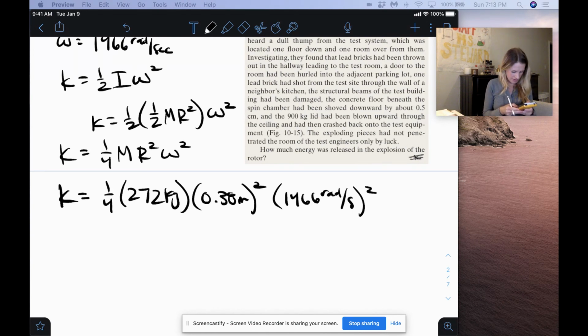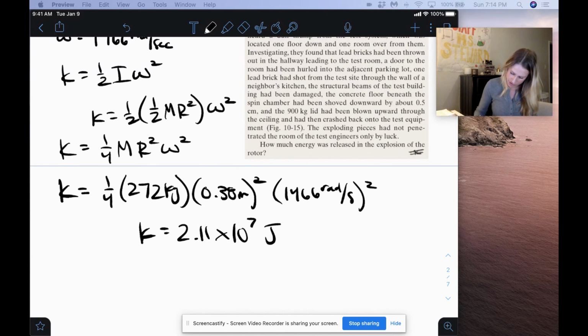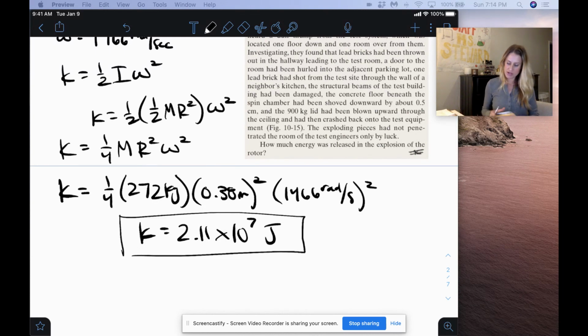So I'm going to square this omega times 0.38 squared times 272 times 0.25. And we end up getting a really big number. Kinetic energy is equal to 2.11 times 10 to the 7th power joules, of course. So that's our answer. That's how much energy that thing had and then is released when the whole thing exploded.